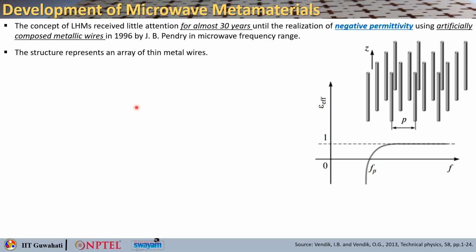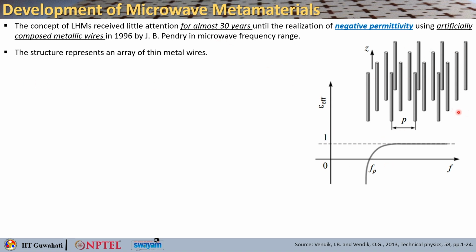So, a quick overview of the development of microwave metamaterials. Here the concept of left hand materials was conceived almost 30 years before the realization of the first negative permittivity using artificially composed metallic wire arrays by Sir John Pendry, and that was done in the microwave frequency regime.